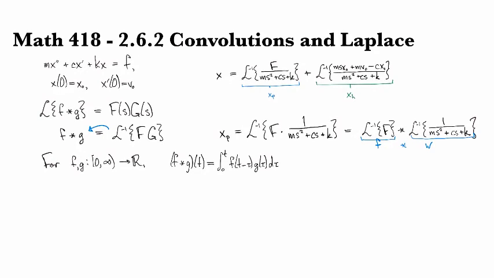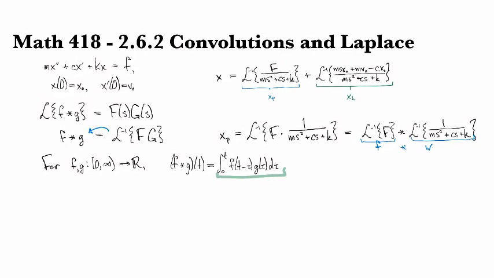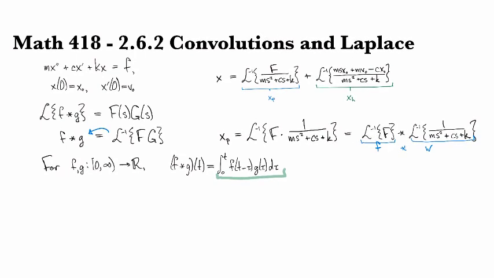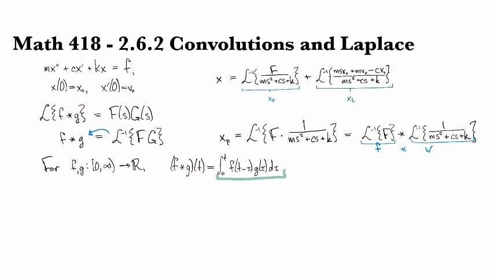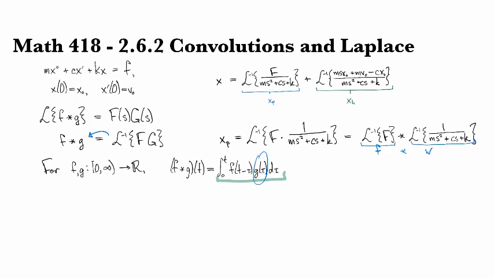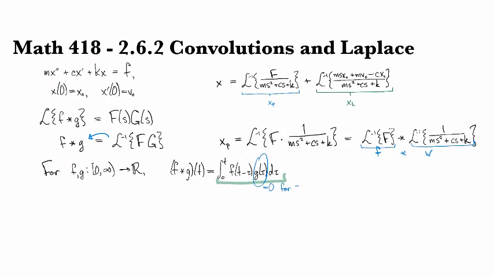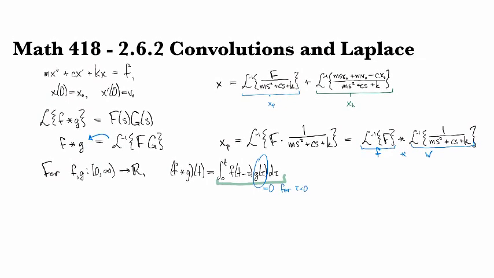And so the reason why is when you set up the convolution integral right here, you notice that one of these guys, so namely this one here, g, is effectively equal to 0 for negative values of tau.